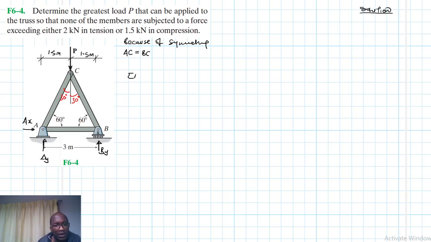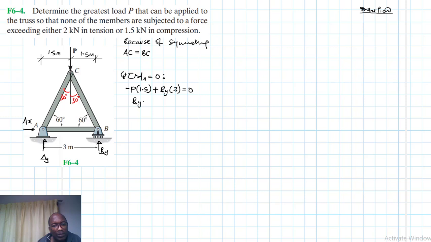So we'll say summation of moments about point A equal to 0, with clockwise as our reference. So we have minus P by 1.5 plus BY by 3 equal to 0.